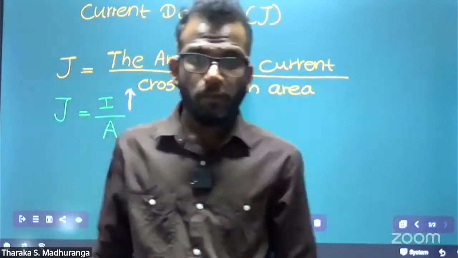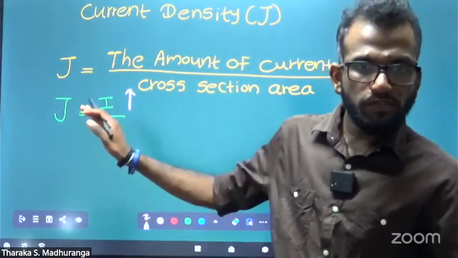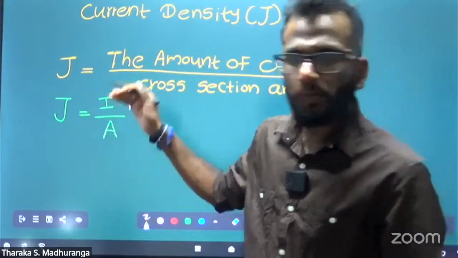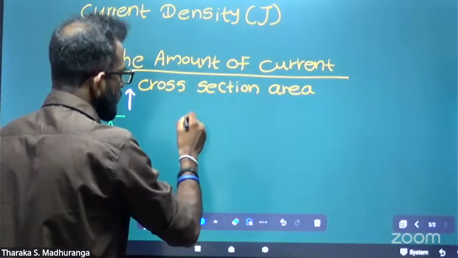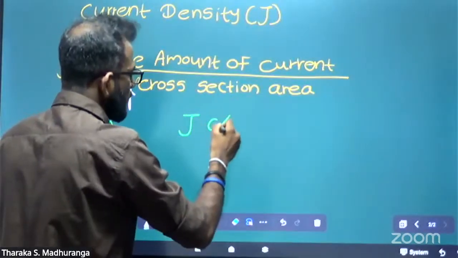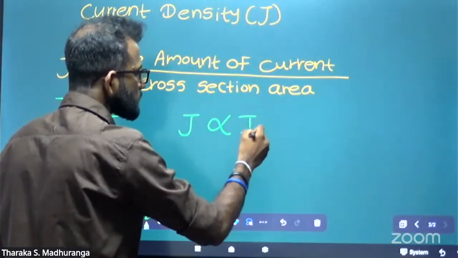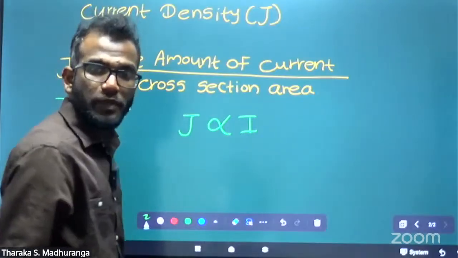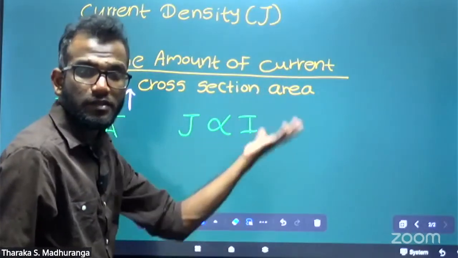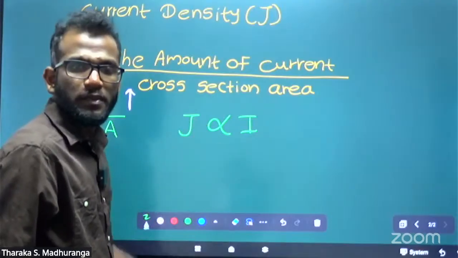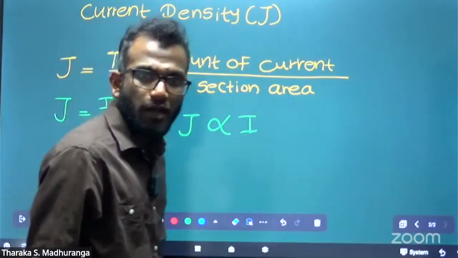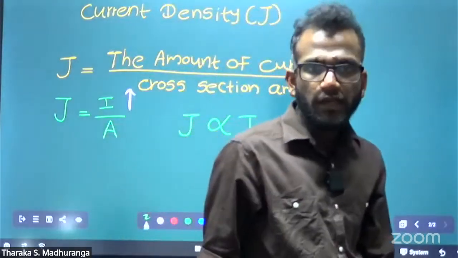It is directly proportional, no? According to this equation, it is directly proportional. So current density is directly proportional to I. That means when current increases, the current density increases.